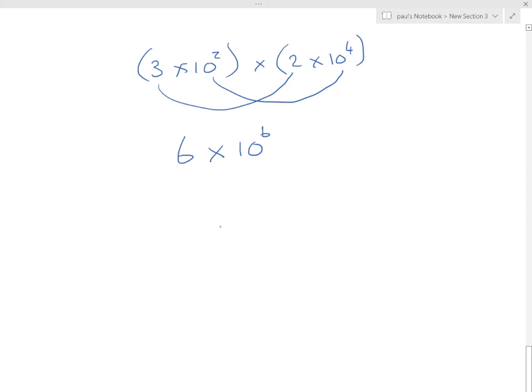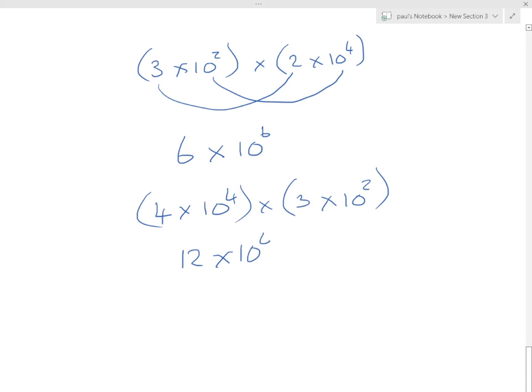Now, you can get caught out. So if you've got 4 times 10 to the 4 times 3 times 10 to the 2, you go 4 times 3 is 12, and then 10 to the 4 and 10 to the 2 makes 10 to the 6 because we're adding.